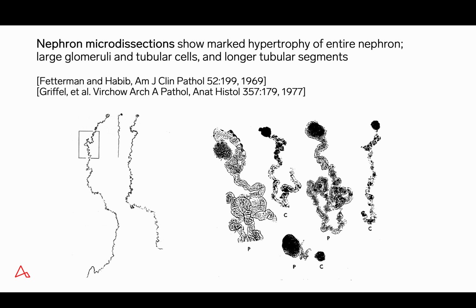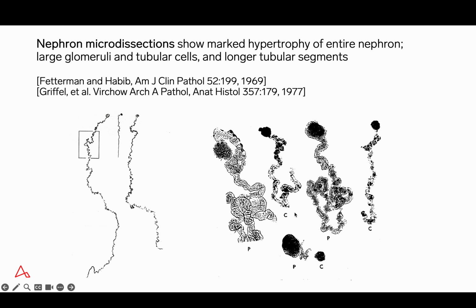There have been a couple of studies in which nephron microdissections have been performed, which emphasize the marked nephronomegaly seen in oligomeganephronia. The image on the left in the center is a normal nephron, and it's bracketed by 2 oligomeganephronic nephrons. And we can see the tubule diameter is much larger and the tubular length is much longer.